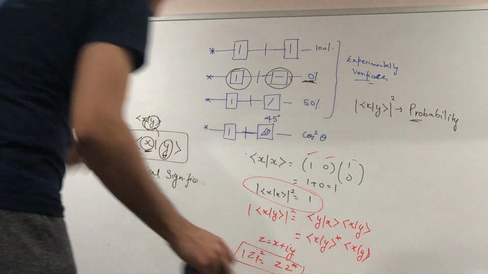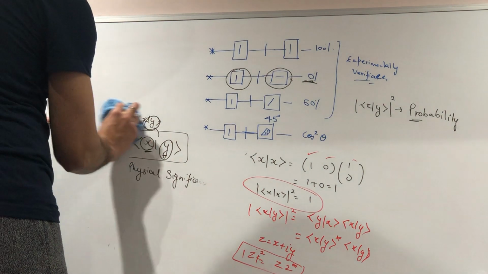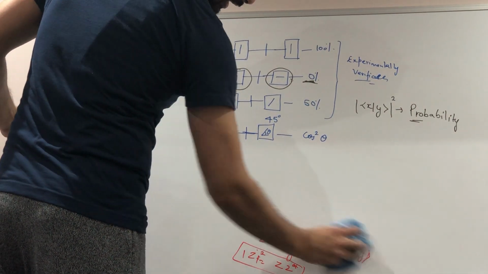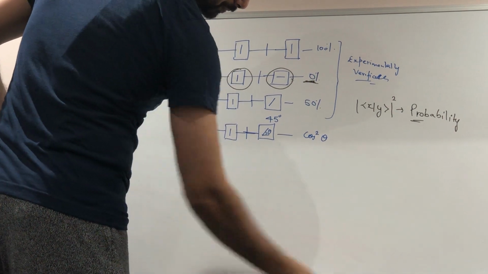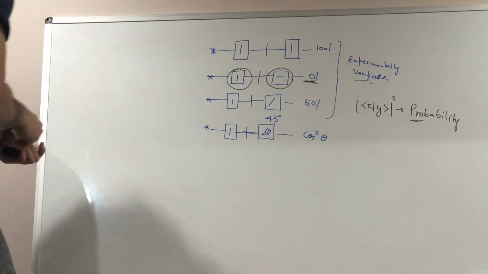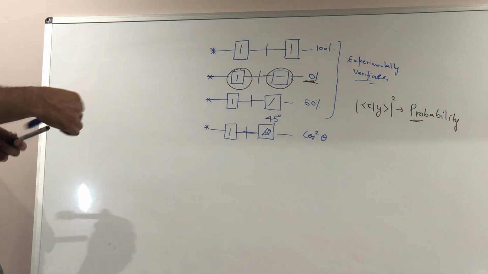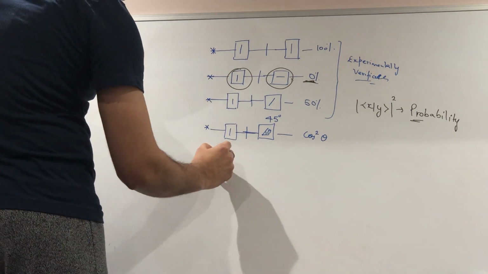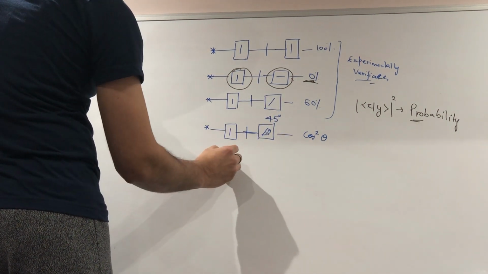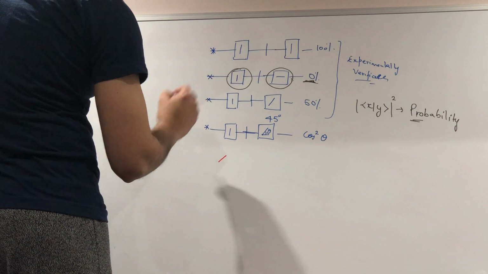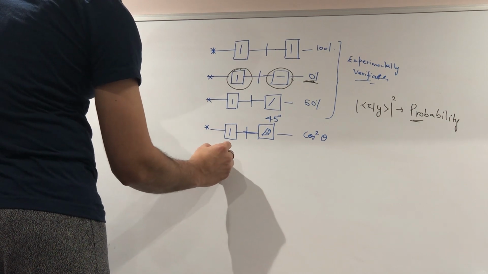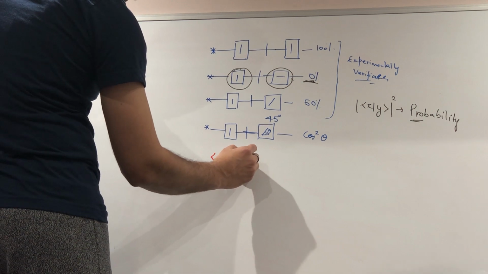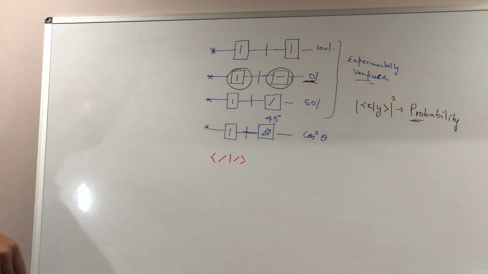Now, I have a case when the polarizer is placed at an angle of 45 degrees. I represent that state as a forward slash, like this, right?